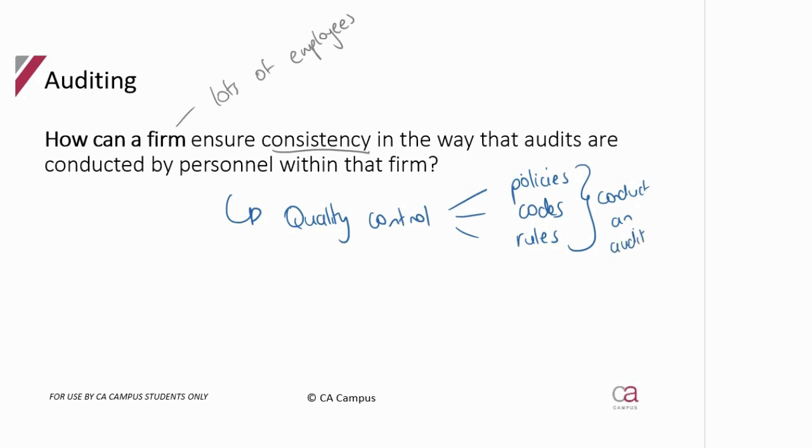But not only on how you go and conduct an audit, they need to have quality control on who they employ, because that's who's going to conduct the audit. So who do they employ? They need to have quality control on how an audit is managed. How are the people who they employed managed to ensure that ultimately the conduct of the audit is the same?